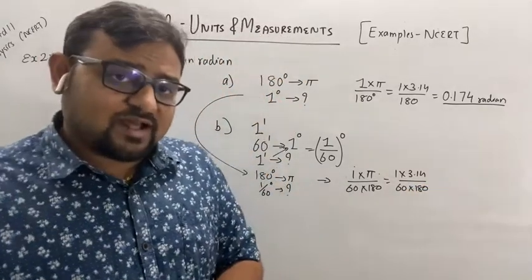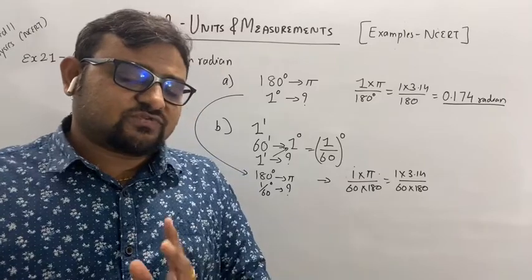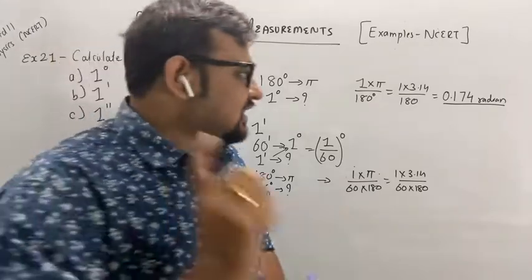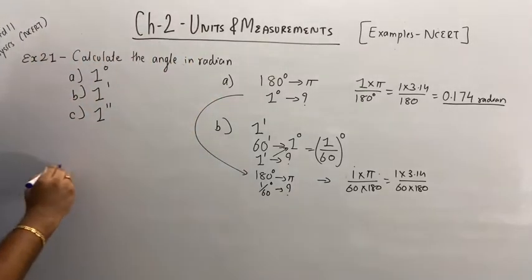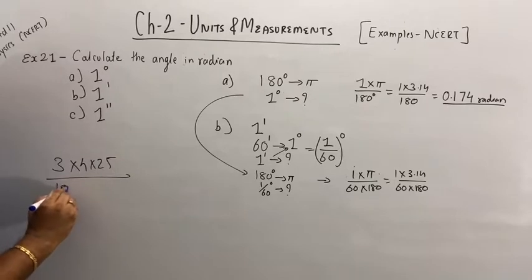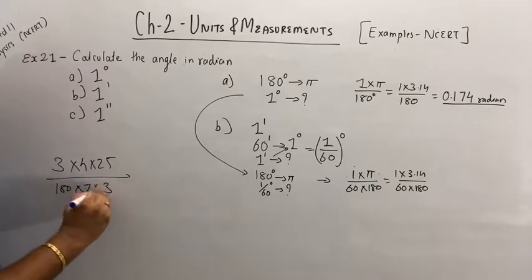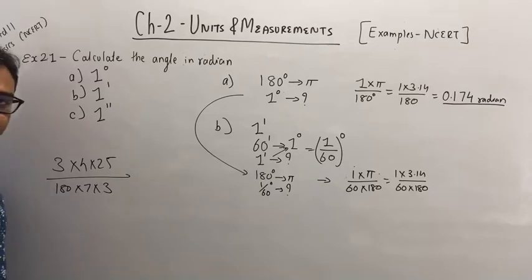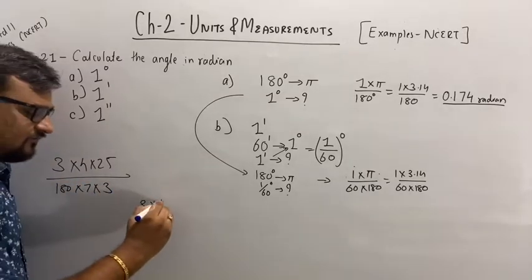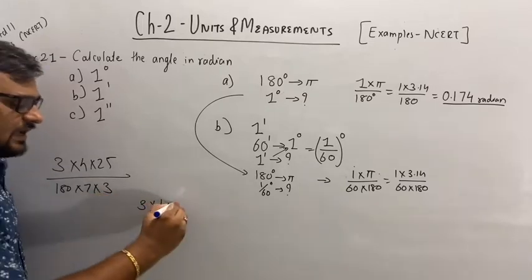Last time, a few students faced some problem in calculation, so let me tell you one thing here. If it is 3 into 4 into 25 divided by 180 into 7 into 3, you have to calculate it using a calculator. Type 3, multiply by 4, multiply by 25.